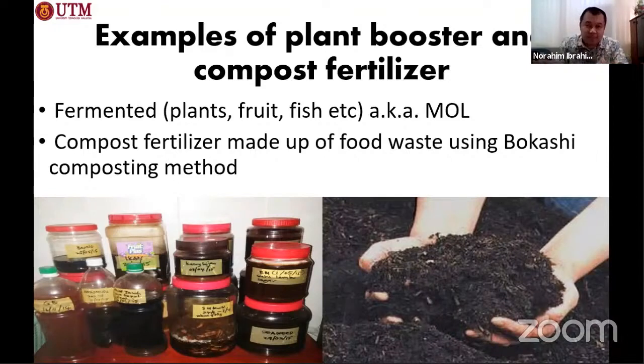Yang kita akan cakap sebentar lagi. And the other one is compost fertilizer, yang dibuat menggunakan kaedah composting. Composting is one of the most commonly used method, ya, yang biasa kita gunakan untuk membuat baja kompos.